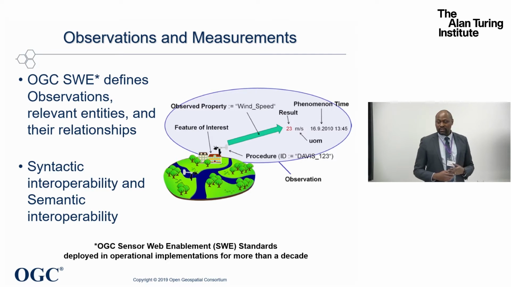There are other standards such as SensorML, or the Sensor Model Language, which makes it possible to describe a sensor in a way that makes it possible to exchange that information with other applications. And so the Sensor Web Enablement suite of standards describes both the syntax as well as the semantics of a whole variety of aspects relating to sensors, but also the relationships between all those aspects, whether it's the observations, the sensors, the features of interest, the procedures, or even units of measure.